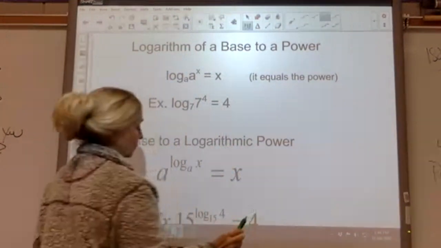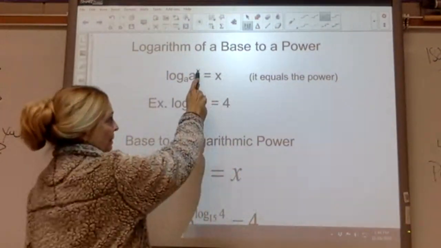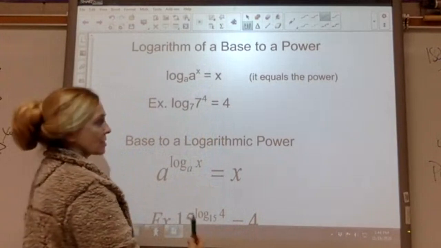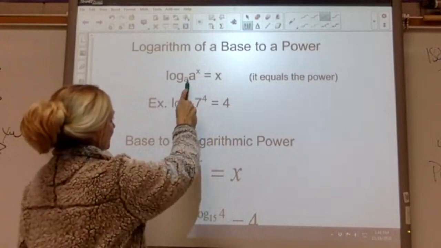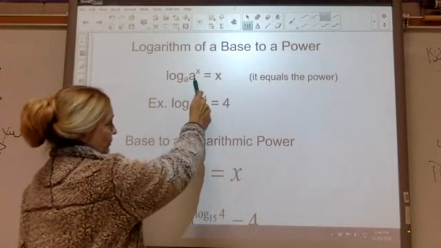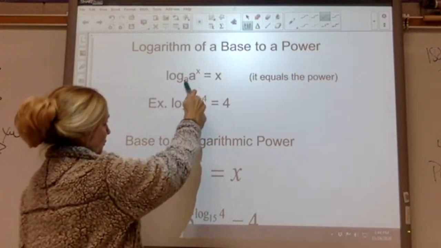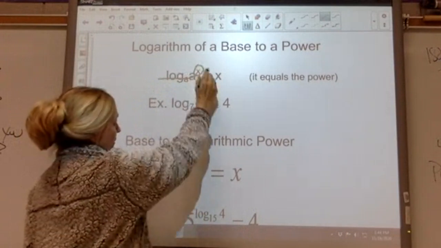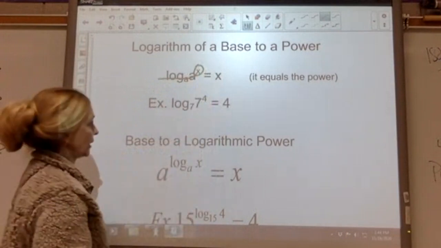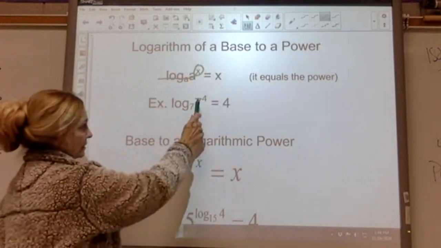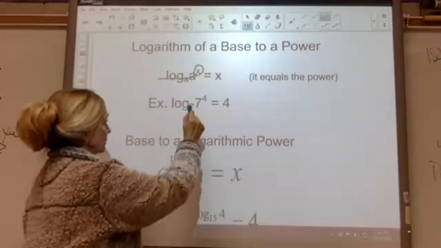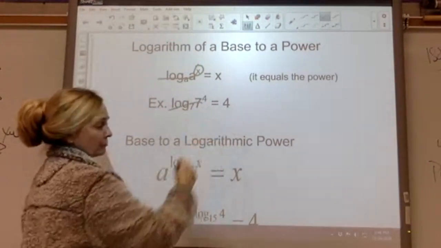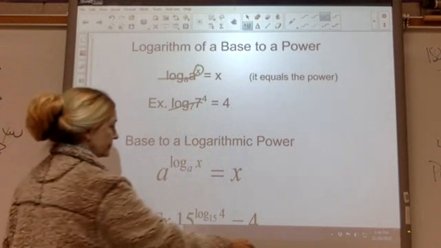But I told you what we're going to see is really whatever this power is, that's going to be the answer. So if the base and this value are the same, then that's really just going to make all this cancel, and the exponent is the answer. Like if we have log base 7 of 7 to the 4th, then really all this just cancels, and we're left with 4, which is the exponent.